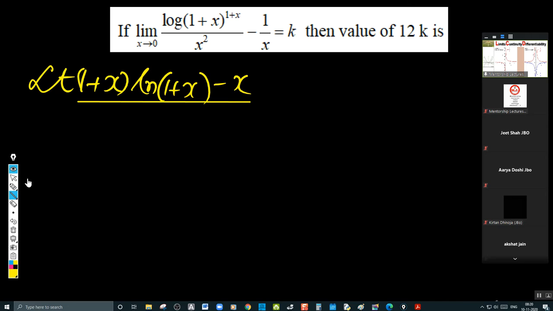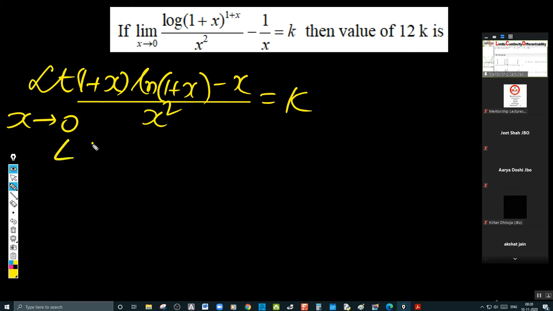That is, I have taken LCM there, as x tends to 0. A is given to be k. It is in the form of 0 by 0, and hence you can comfortably apply L'Hospital's rule. Apply L'Hospital's rule.